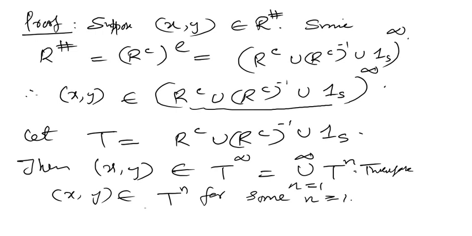If it is in T power n, then by composition I can find n elements. Okay, that's fine, but it should be of this form.